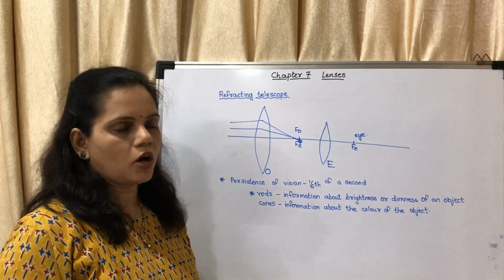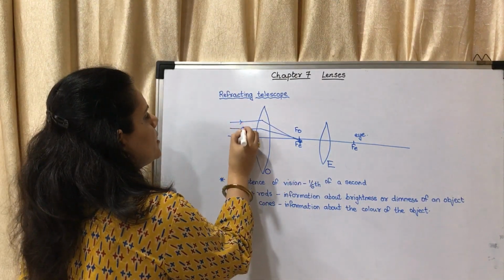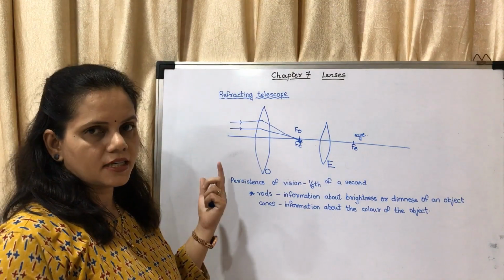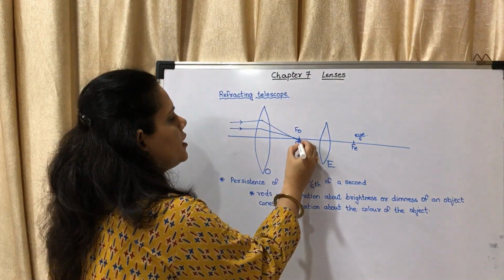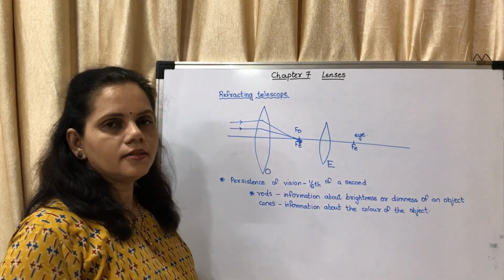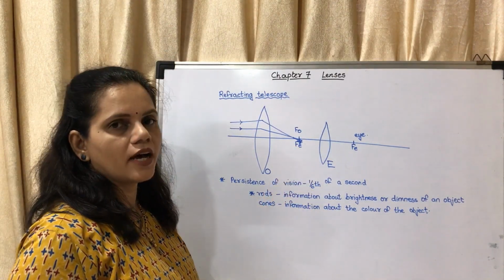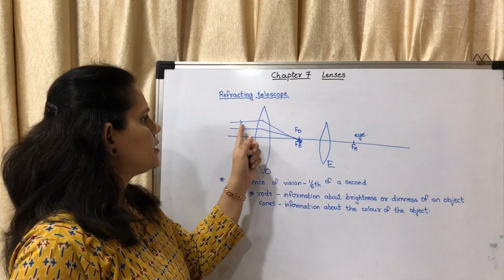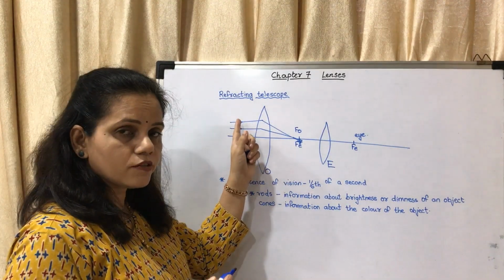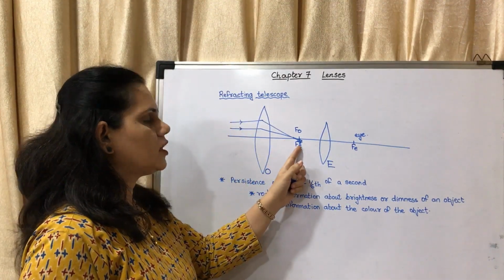And what about the eyepiece? The eyepiece is smaller. Now these are the rays which are coming from the distant object, and it forms an image here on the other side of the lens, which is at the focus of the eyepiece. So the image of the distant object is falling on the focus.